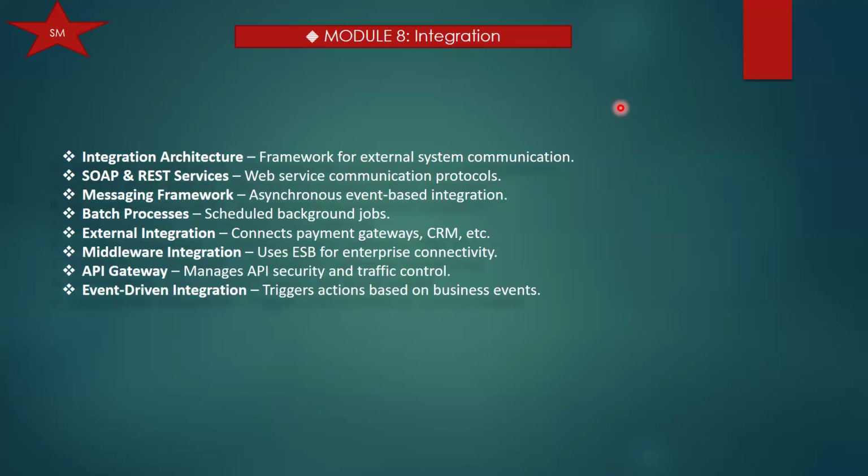Let's say I am using an API through the API gateway and there might be some leakage. That security we should implement using this feature, and the traffic control you can also do using some settings and configuration.